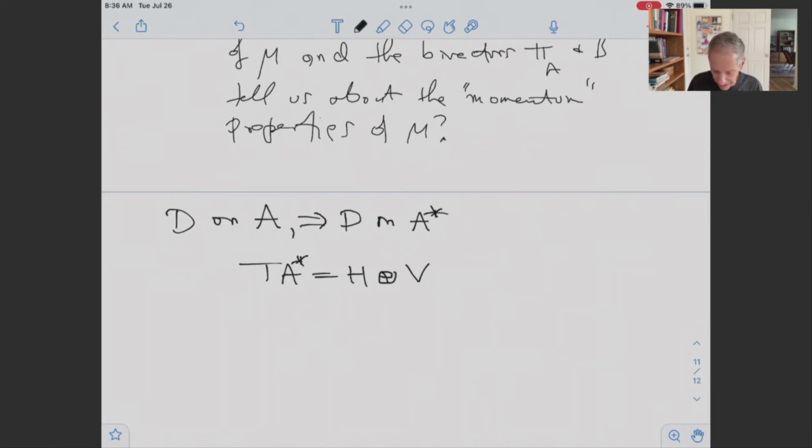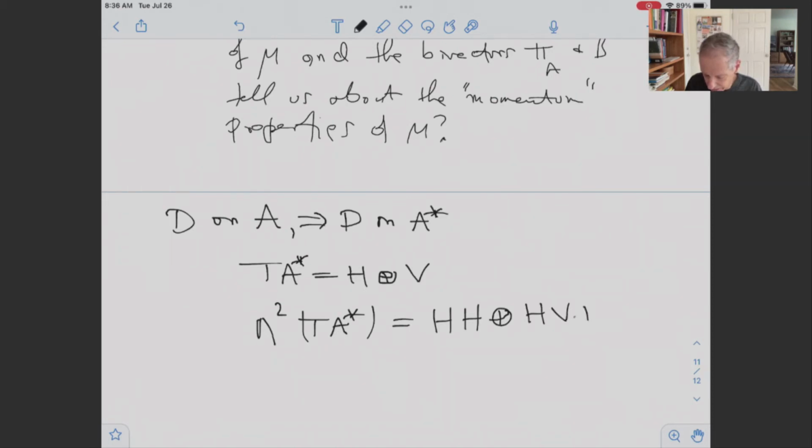So that gives a splitting of tangent vectors, and we get a splitting of wedge 2 of tangent vectors, in other words, bivectors. Well, we can write that as HH plus HV plus VV.